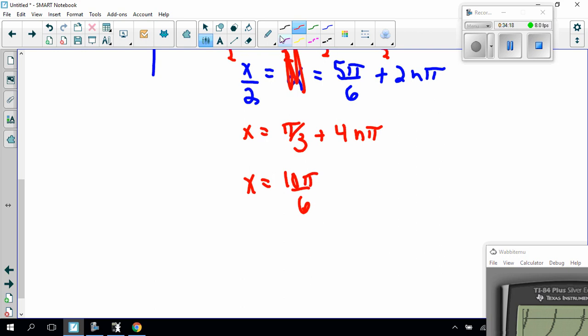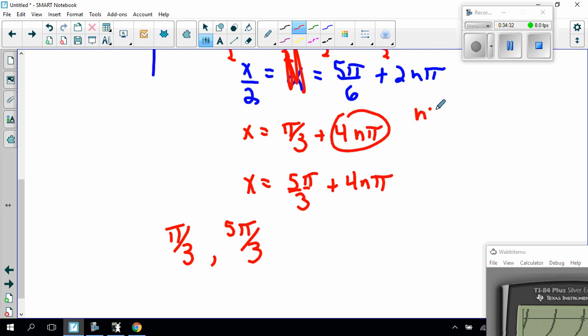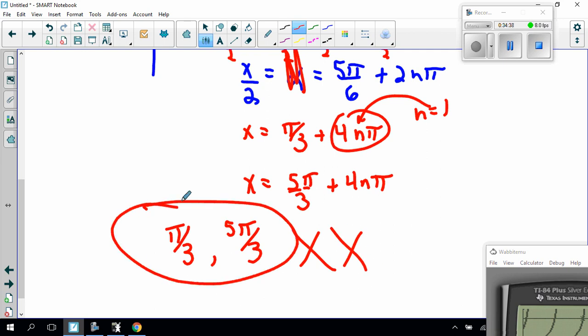Oopsie daisy. Reduced, 10/6 is 5/3. Therefore, pi over 3, 5 pi over 3. And if you let n be 1, you add 4 pi, passing 2 pi. Those are your 2 answers. Great day. Boy, the book took forever and a day to work that.